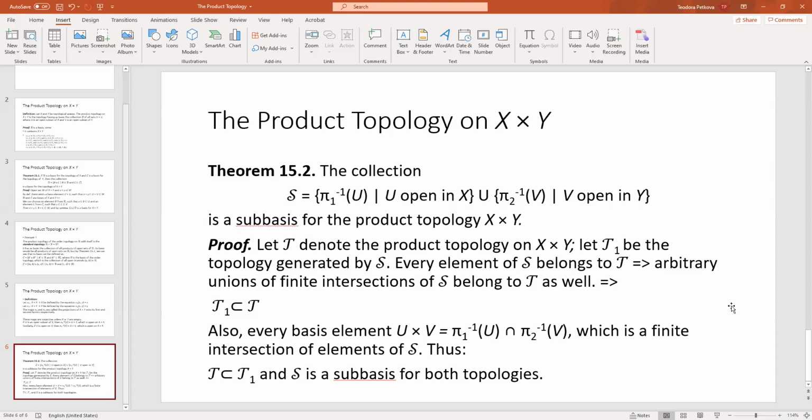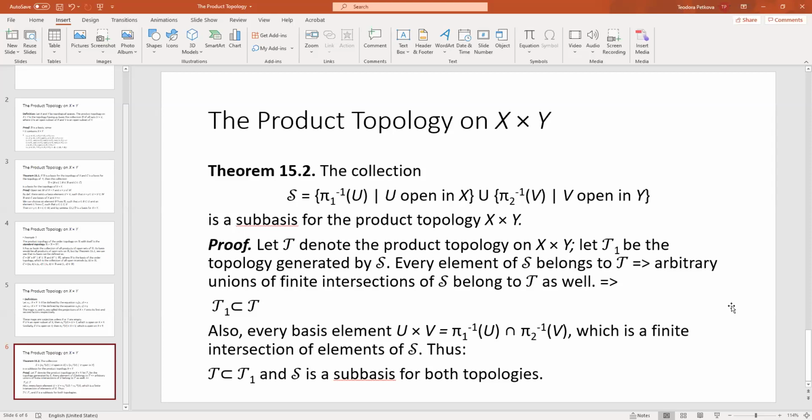At this moment, you just see that it's some kind of pushback. And maybe you can see what this kind of pullback map looks like, say in R2. Teodora, if you can, share with us what kind of open set induced by this definition is an open set in R2.